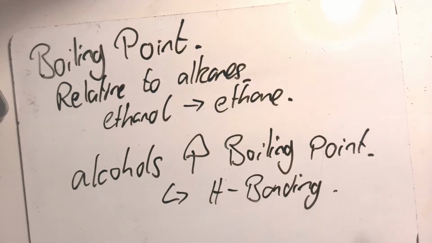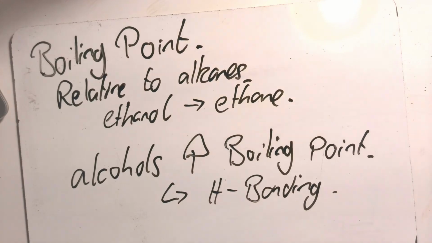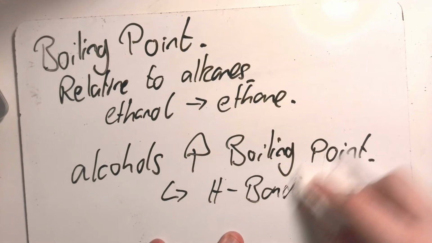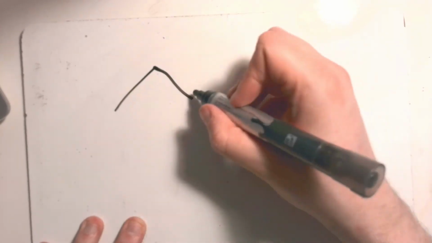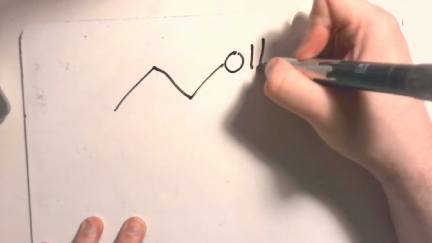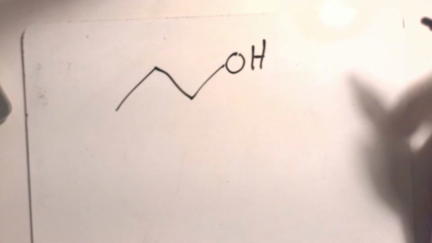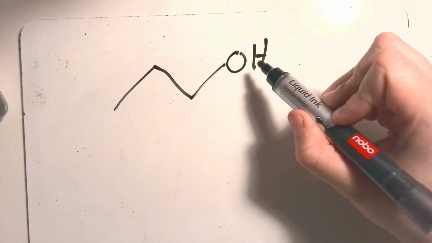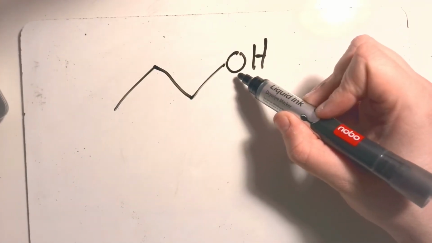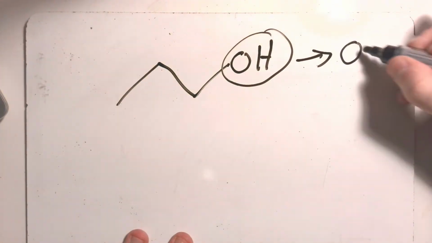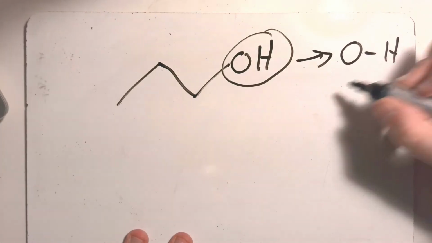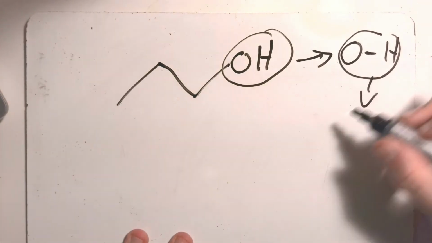between individual alcohol molecules. To give you an example here, I'm going to use propanol. I'm going to draw it skeletally here. 1, 2, 3. And then here is our side chain. On this OH here, if we zoom in to an O and a H, in fact you could zoom in even further with more detail.